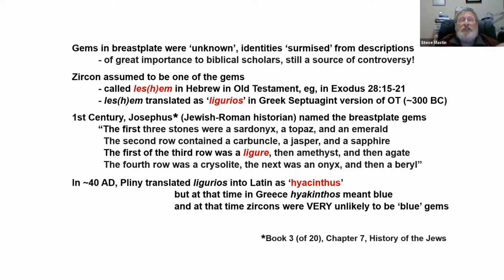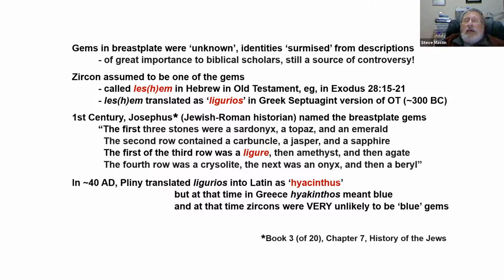And what those gems are is, for whatever reasons, of great importance to biblical scholars and is still discussed. But zircon is assumed to be one of those gems, in particular that yellow one. And in Hebrew in the Old Testament, it's called leshem. And it's mentioned in lots of places in the Old Testament, and I just gave one.